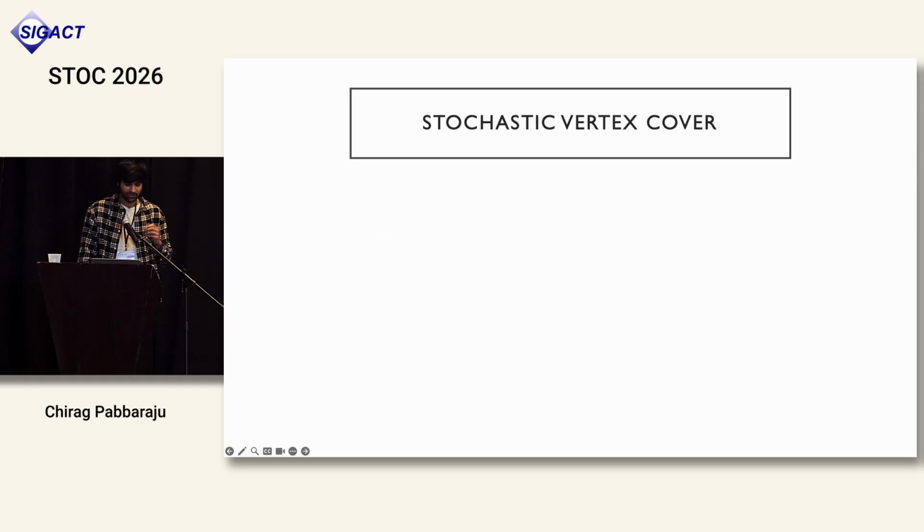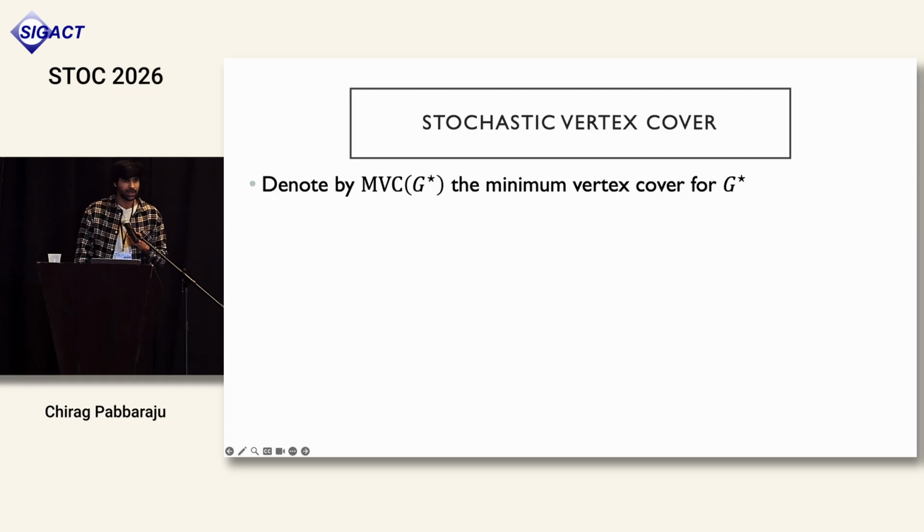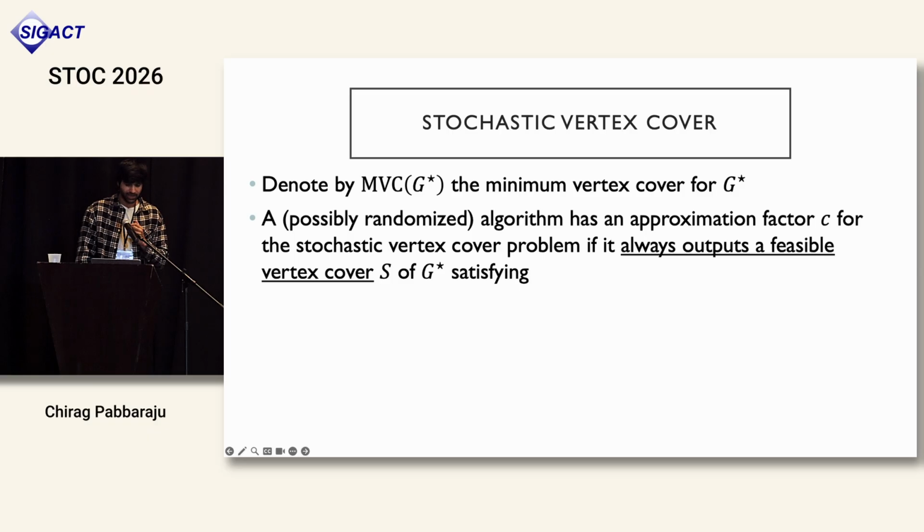Okay, let me come back to the formalization of the problem. I'm going to denote the minimum vertex cover of the realization by MVC of G star. And what's the benchmark for our algorithm? The algorithm achieves an approximation factor C if the set that it outputs must always be a vertex cover of the realized graph.